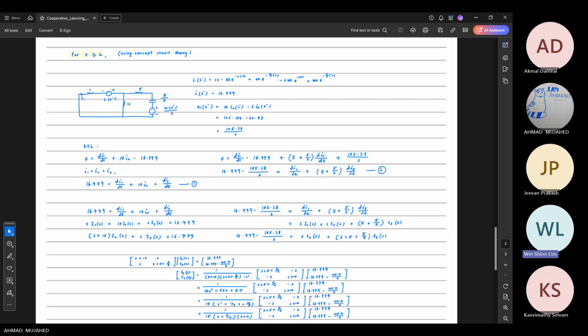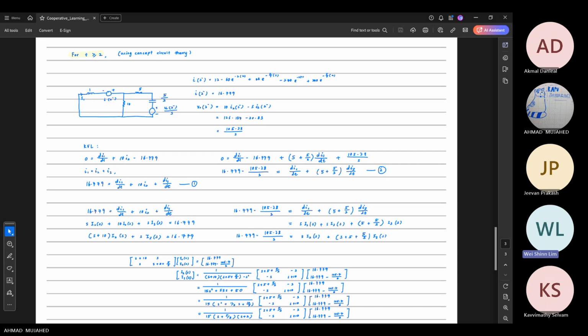Because in this part, the voltage source will be turned off, the capacitor and inductor will be discharging. Therefore, we need to redraw the circuit and find the initial condition of inductor and capacitor. From this circuit drawn, we will then use again the KCL and KVL to find the two equations. After we found these two equations, we will convert them into S domain and then again put into matrix form.